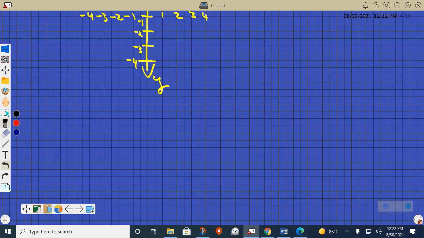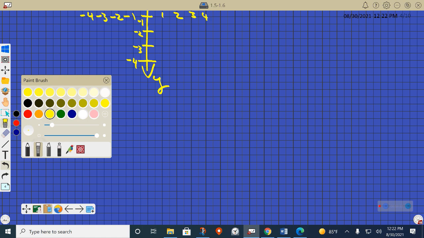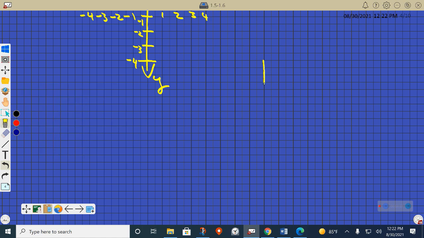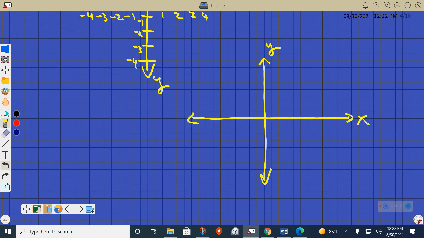Go and draw me another x and y axis. Anywhere on the paper, front or back, doesn't matter. It's your graph paper. Go and draw another y axis, please. And an x axis. Draw some numbers.